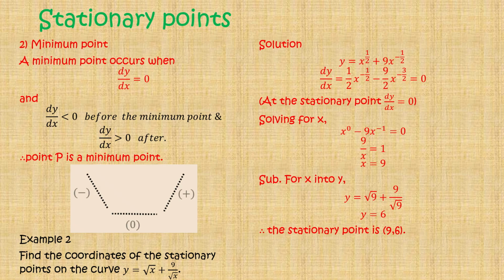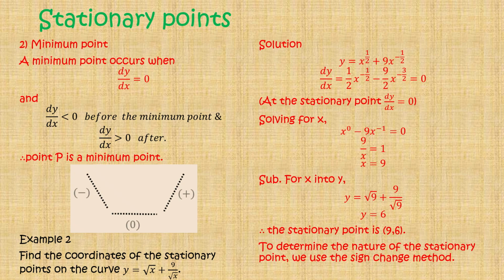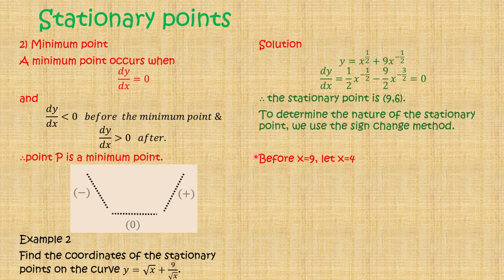So to determine the nature of the stationary point, we are going to use the sign change method. Right, so remember, our x-coordinate that we obtained was 9. Therefore, we are going to get values that are before 9. For instance, a 4.